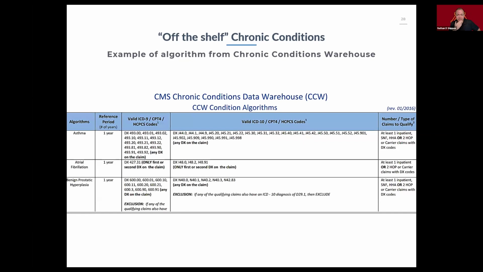So for asthma, for instance, it follows very closely with the one claim from either the inpatient, skilled nursing, or home health, or 2 hospital outpatient or carrier claims with any of those diagnosis codes. Right, so that is pretty much verbatim the set of rules that we take from the Hebert et al. article. And again, it still remains a pretty common approach, at least with Medicare data.